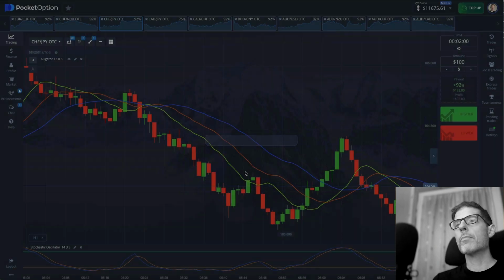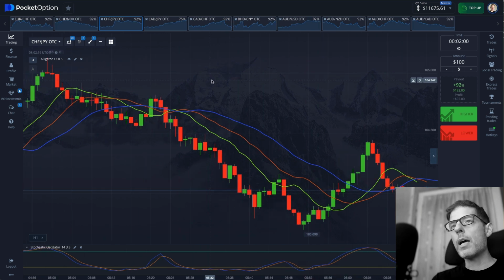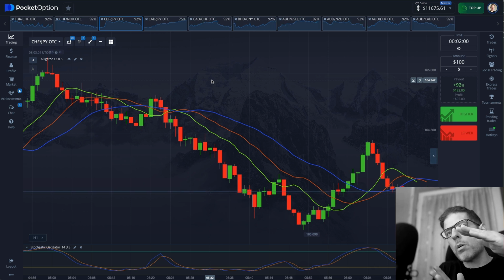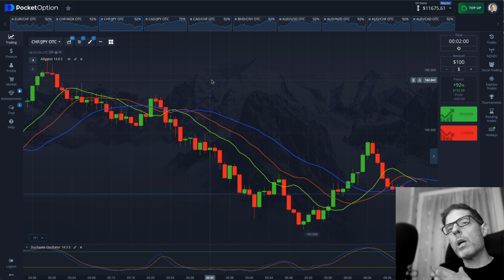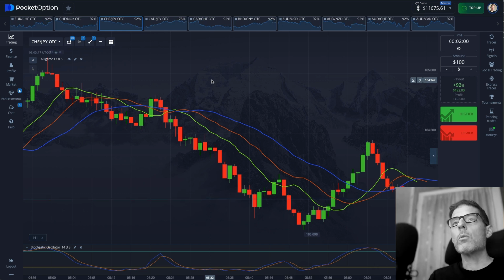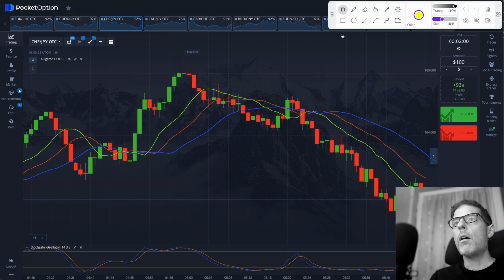Now the areas where the lines are intertwined and they're not wide, they're more squeezed together, this would be the areas where the alligator is sleeping. Okay, I know, stay with me here, but this is how it's designed. So you can see how the lines here they're really wide, right?